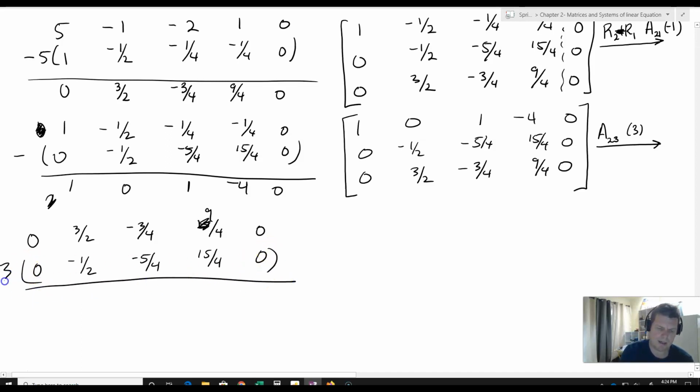Multiply this by 3. This gives me now 0, 0, -18/4. Then we've got 45/4 plus 9/4. That's 54/4, 0.